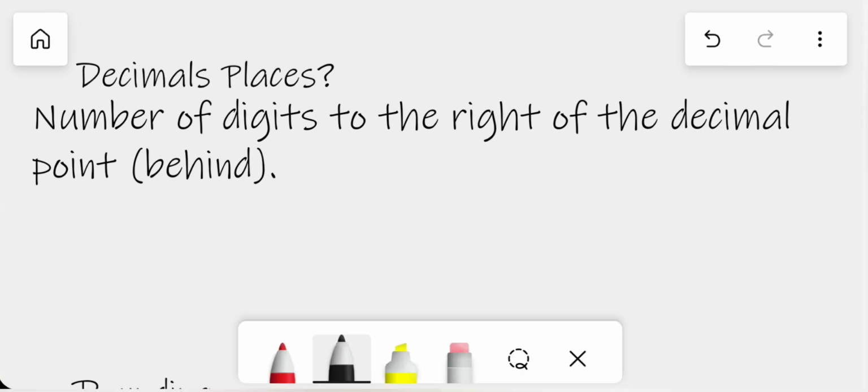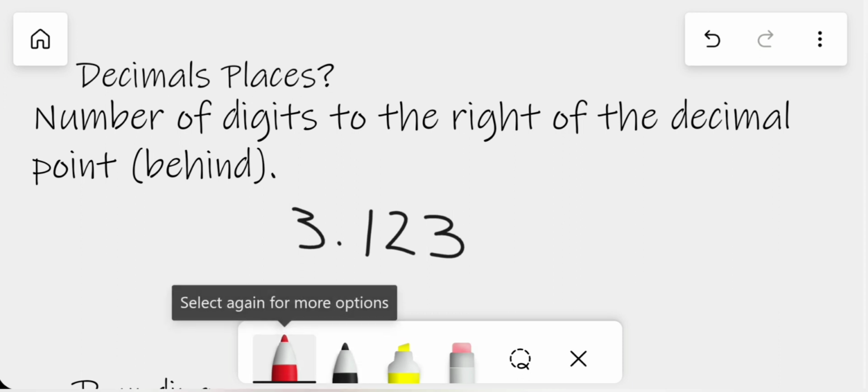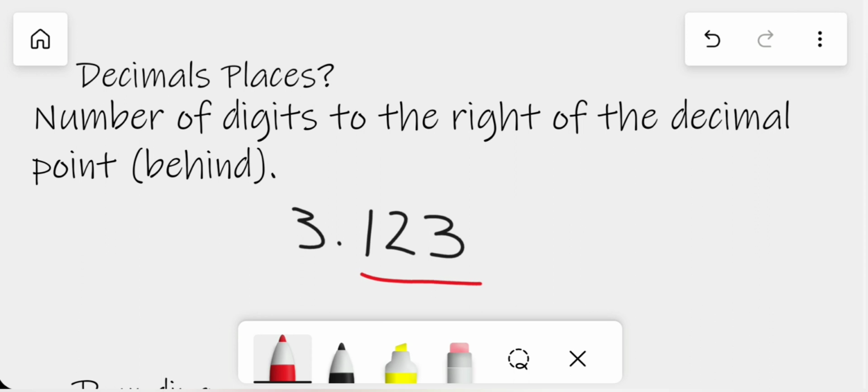So for example, if you have a number 3.123, as you can see here, the number of decimal places are the numbers that are to the right of the decimal point. This is the decimal point in the middle right there. Number of numbers, if we start to count, is 1, 2, 3. So in this case, we have 3 decimal places that are behind the point.